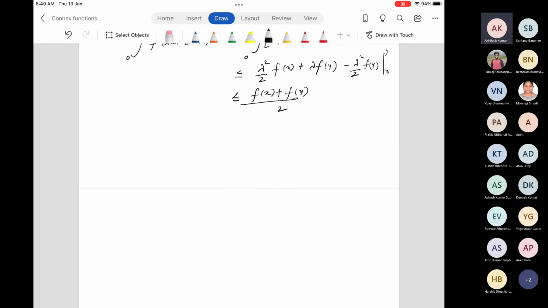But if you look at Jensen's inequality, can we really prove a function is convex or not using it?